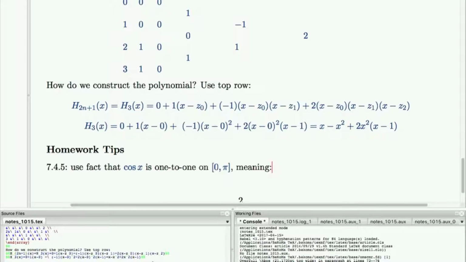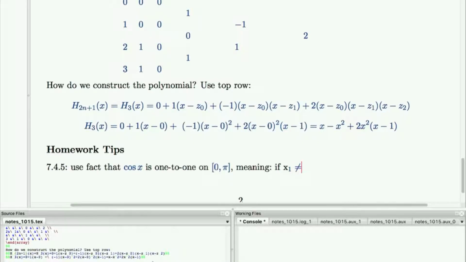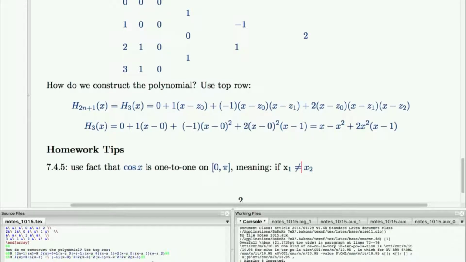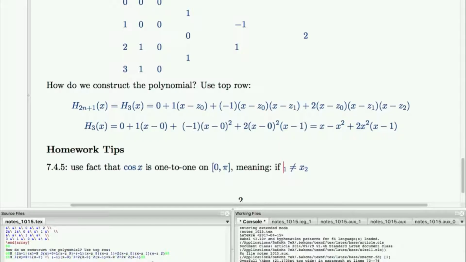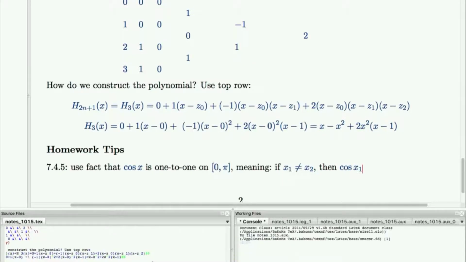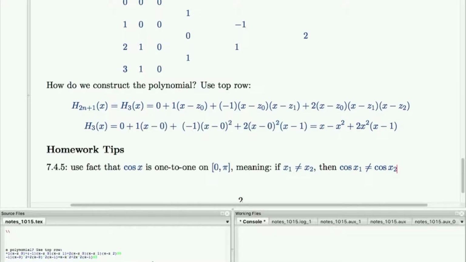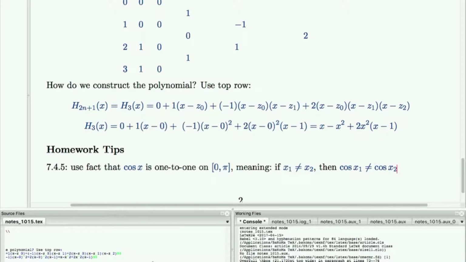So if x1 is not equal to x2, then cosine of x1 is not equal to cosine of x2. That helps with showing they're distinct. And that's important because in polynomial interpolation, we're assuming the x values are distinct. Well, we needed that until today anyway. So it's important that Chebyshev points are known to be distinct.